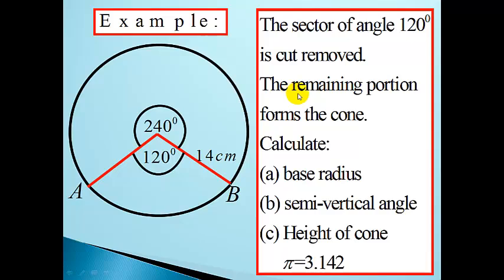It means that the cone that we are going to form is the cone from the sector of angle 240 degrees. Now we are asked to calculate the base radius, the semi-vertical angle, and the height of the cone, giving the constant pi to be 3.142.